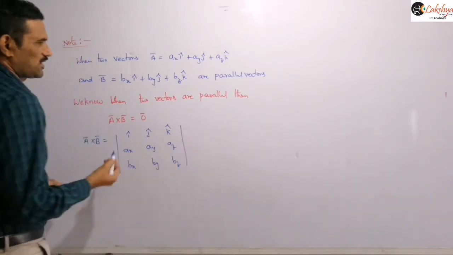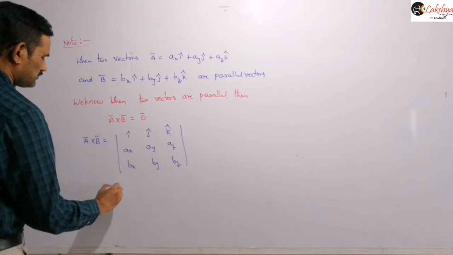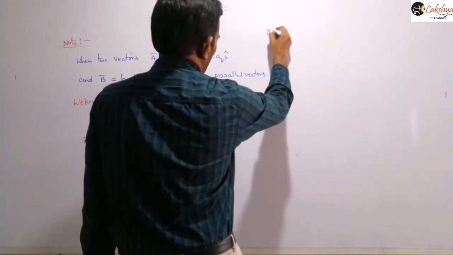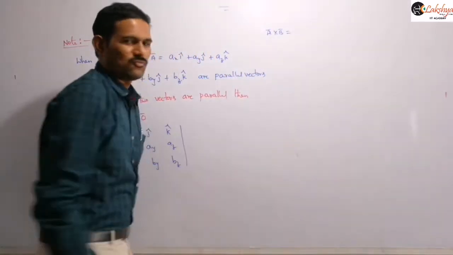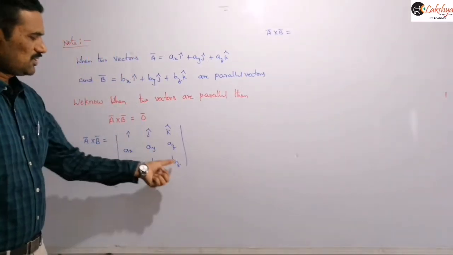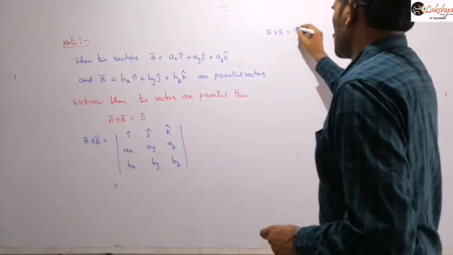We can find the cross product of these vectors and write it like this. A bar cross B bar is i cap into the product of these terms.